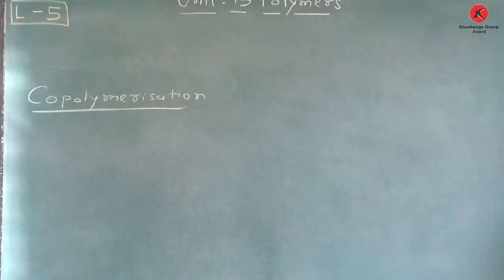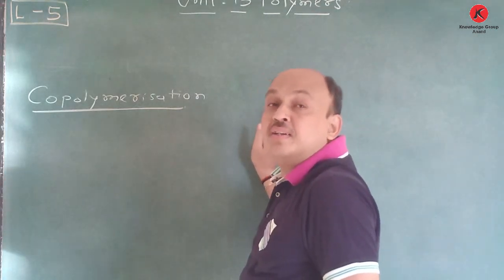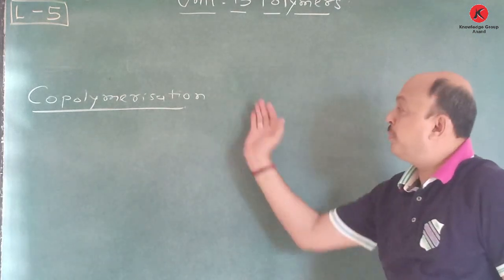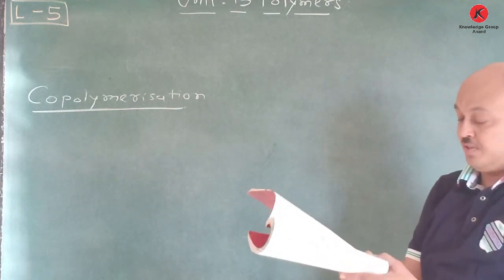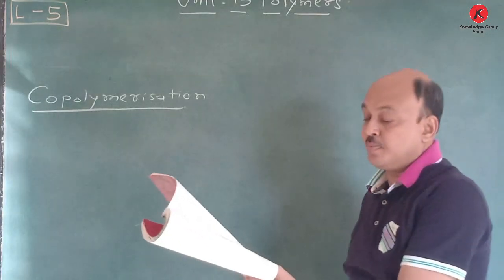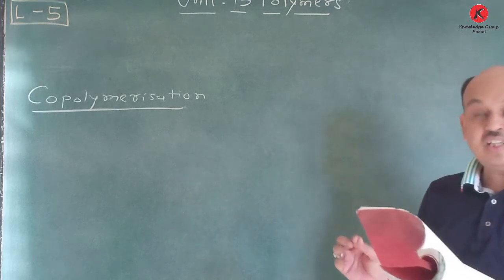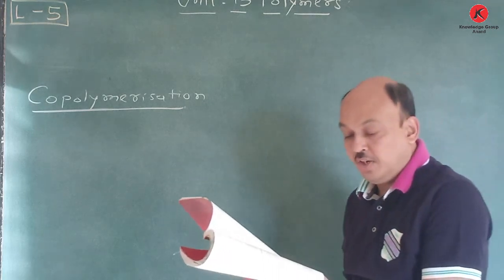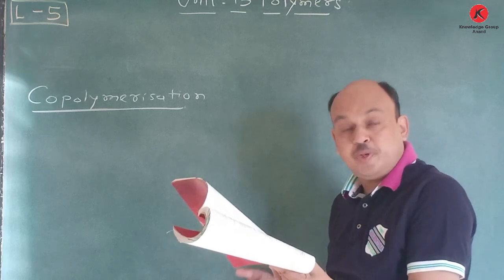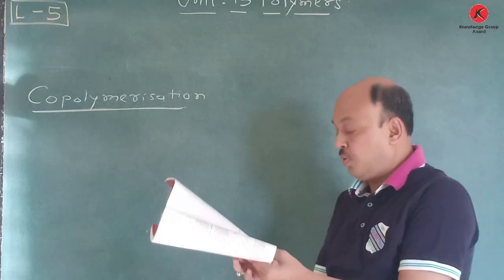You already learned this one. In a homopolymer, only one monomer takes part, but in a copolymer two or more than two monomers take part. According to the NCERT textbook, copolymerization is a polymerization reaction in which a mixture of more than one monomeric species is allowed to polymerize and form a copolymer.